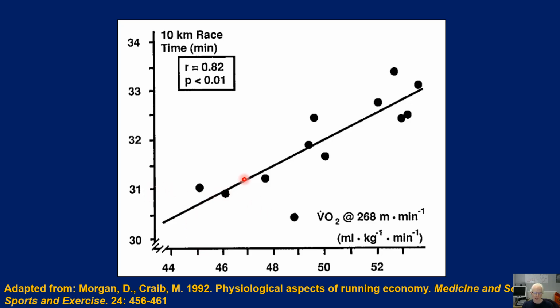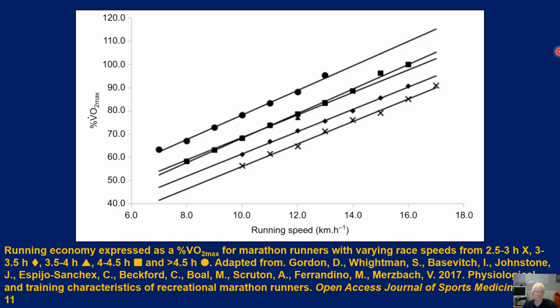As we become less economical, shown by a rising VO2, so they're using more oxygen because they need to resynthesize and produce more energy for the muscle to do work, the slower the running time we see here. This is a really nice piece of information for us, because it reinforces the notion of the currency of economy to endurance performance.